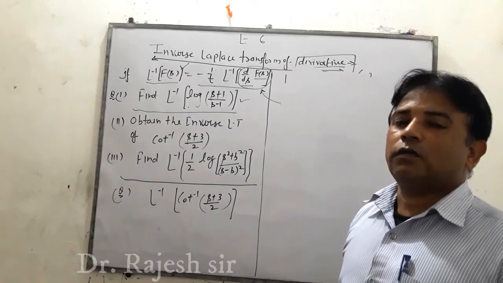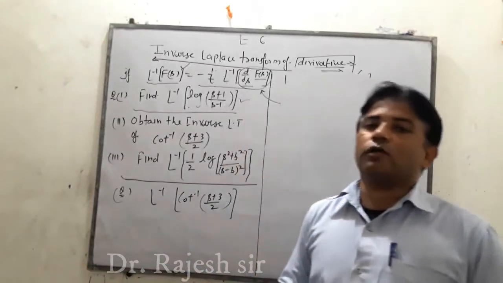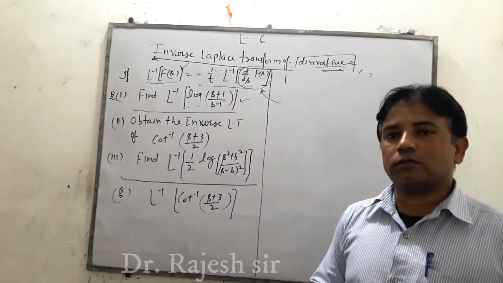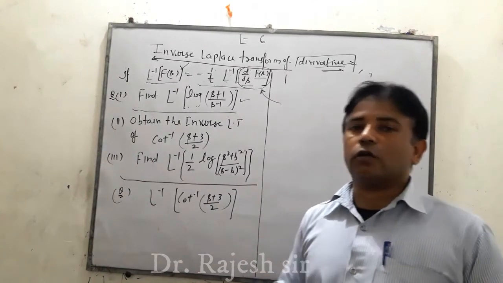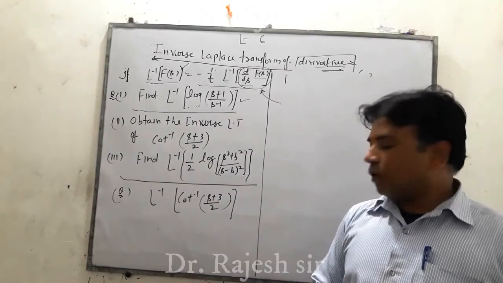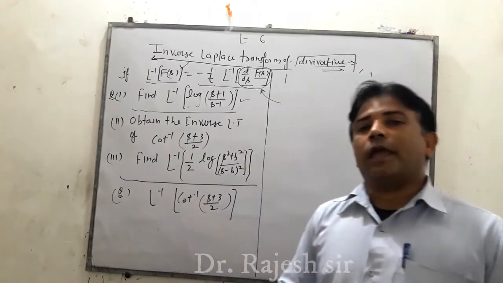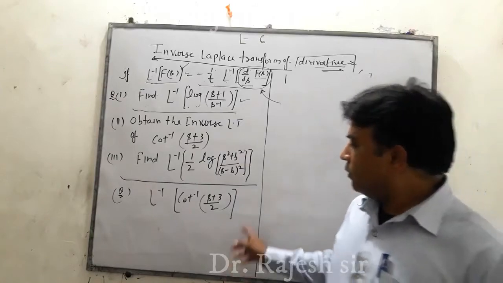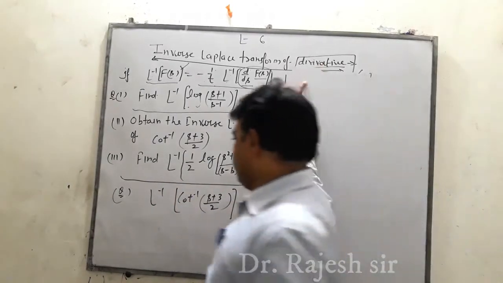No. We know the formulas only for sine and cosine, hyperbolic and normal sine or cosine functions. We do not know the formulas for cot, sec, cosec and tan. So solve this question with the help of the derivative method.